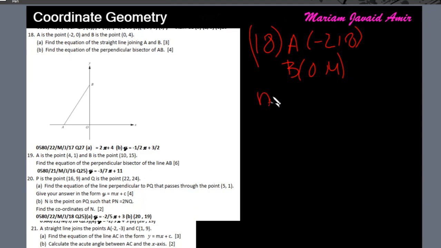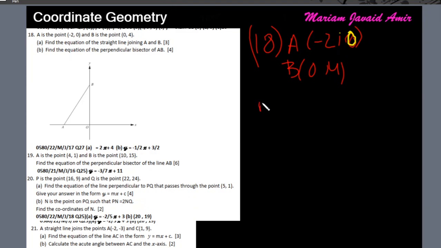So that's pretty simple. We find m first, y2 minus y1 over x2 minus x1. So we get 4 over minus 2. Wait, I've probably made a mistake. This was minus 2 comma 0. So this is 0. We have 0 here. Minus 2 comma 0. Alright.